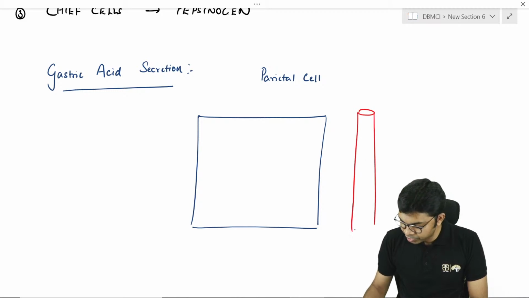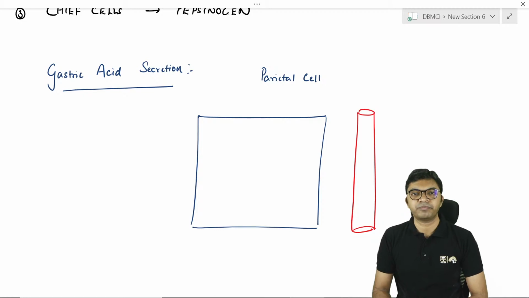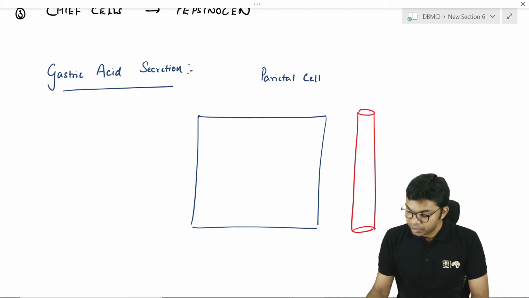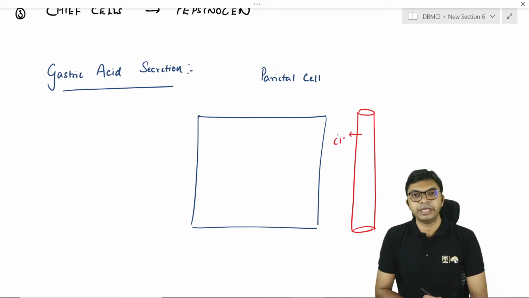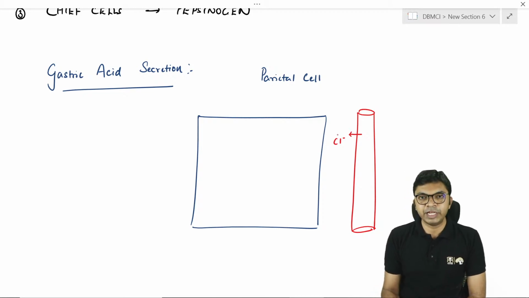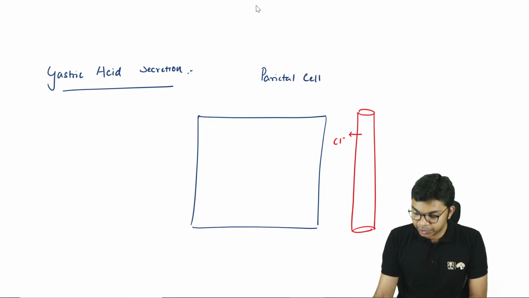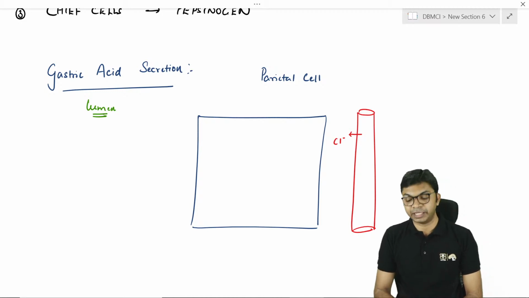These vessels continuously supply chloride for the production of hydrochloric acid. So let us start with movement of chloride from the blood vessel into the interstitium. Once chloride is taken into the interstitium, it is ready to get into the parietal cell to be secreted into the gastric lumen. Let's consider we have gastric lumen on one end and interstitium on the other end.